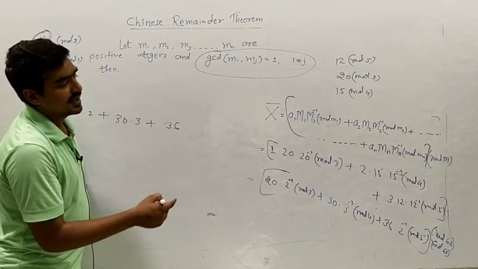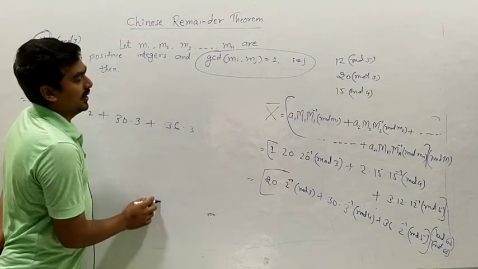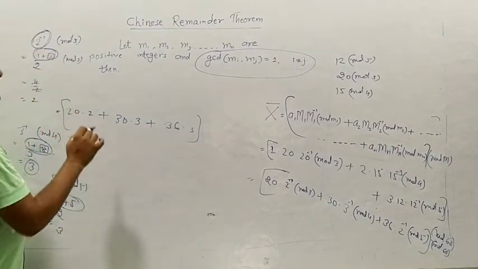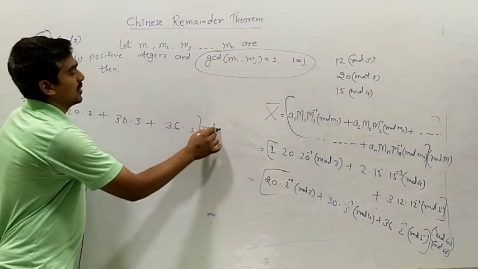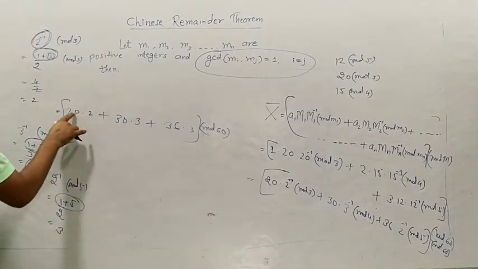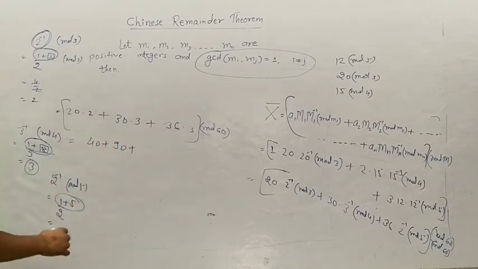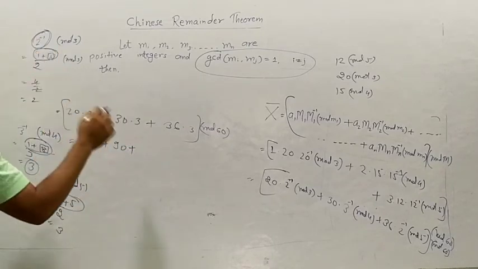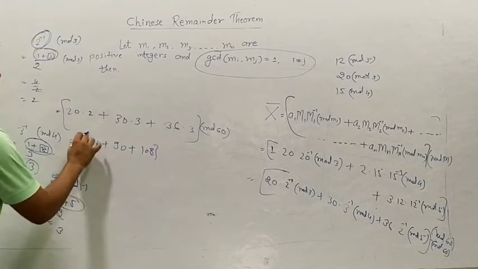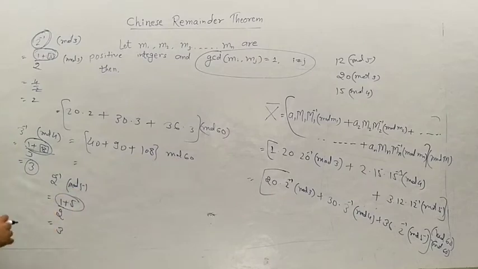That is, 2 inverse can be written as 3, and this whole term is taken over mod 60. Okay friends, so 20 to the 40, 90, and this is 108 mod 60.